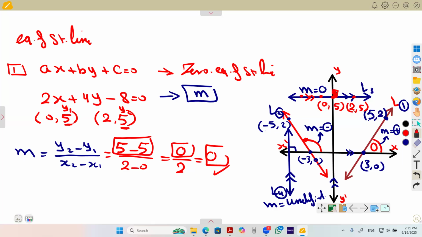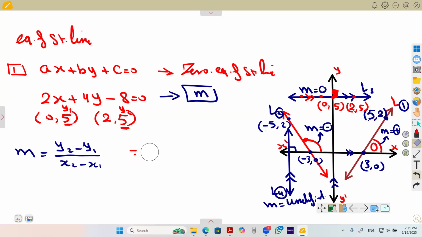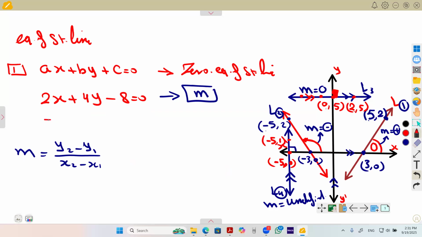What about the last line? It's L4. How can we get its slope? It's undefined. Why? If we imagine that this point is -5 and 0, and another point up is -5 and 1, so we have 2 points.